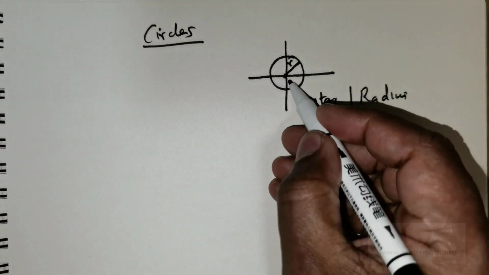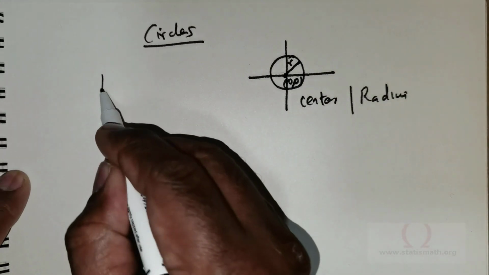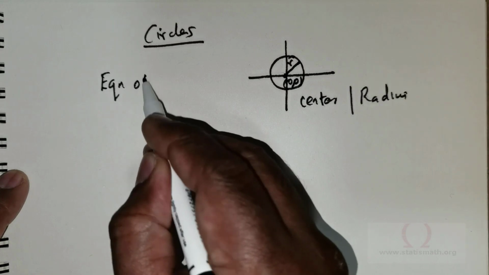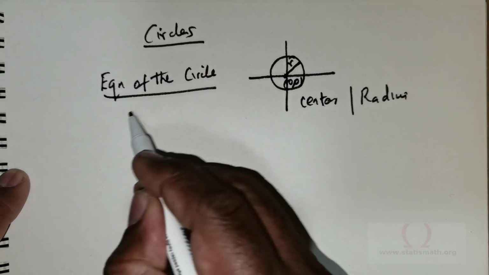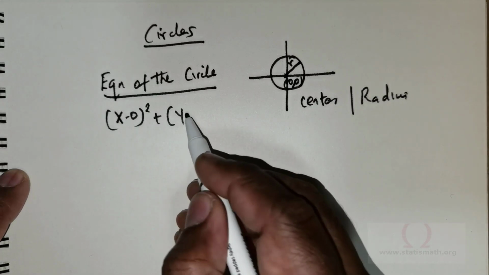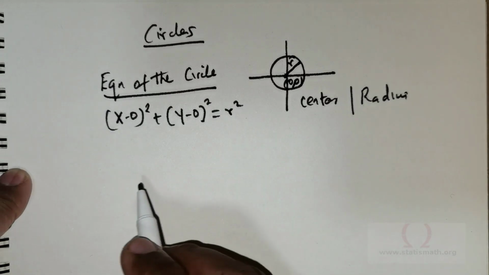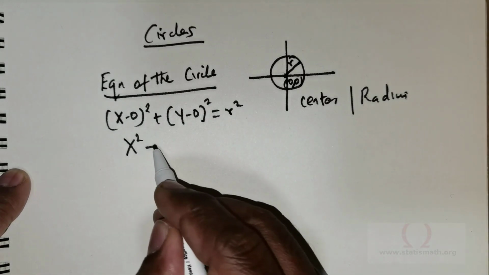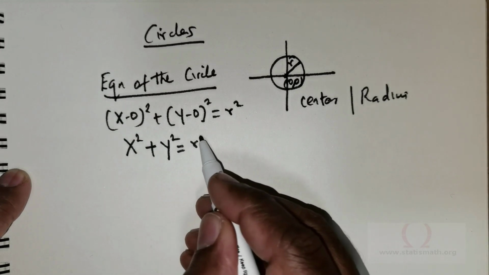In this case, the center is located at the origin, and so the equation of the circle is going to be of the form (x − 0)² + (y − 0)² = r². If you were to expand and rewrite this, it is going to be x² + y² = r².